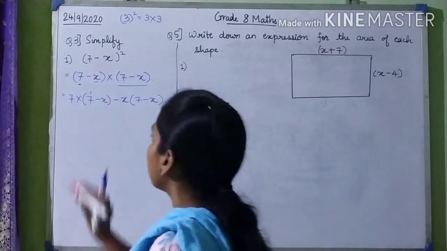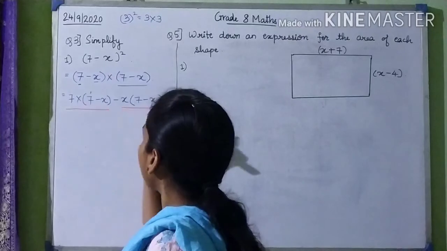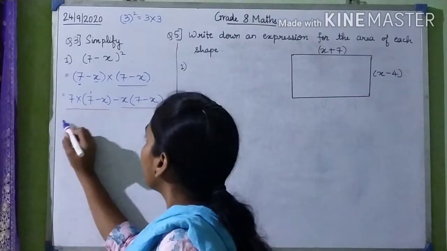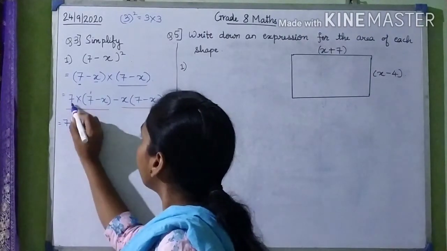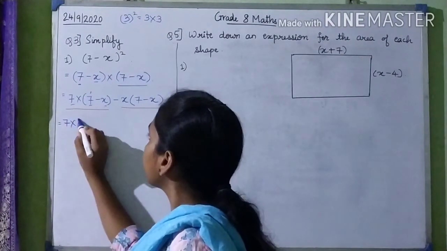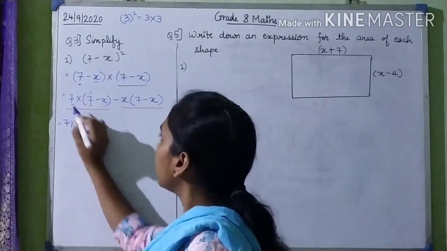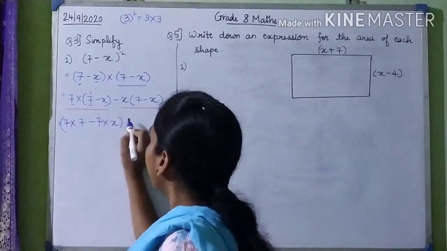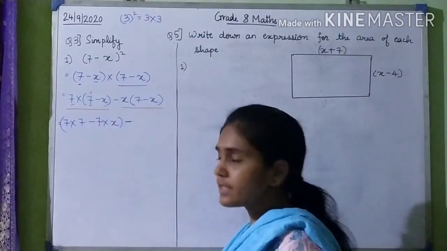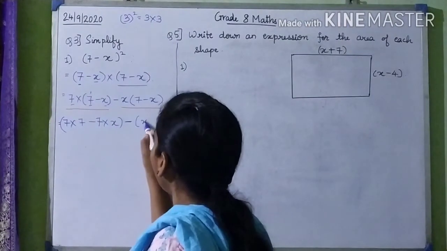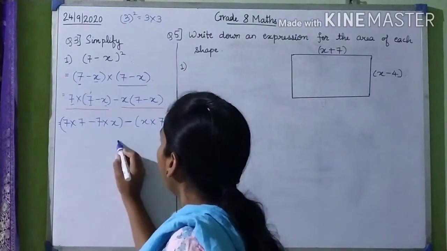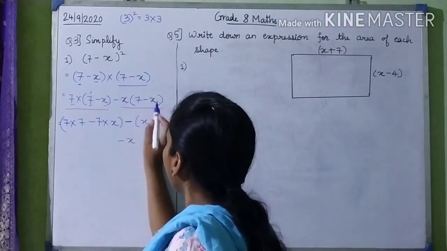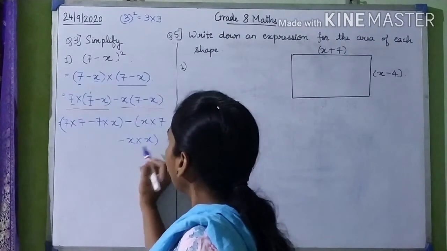Okay. Now this is the first part and this is the second part. So the first part, 7 will be multiplied to each term. 7 multiplied by 7 minus 7 multiplied by x. Okay. Then minus, I keep minus as it is. Then x I multiply to 7 first and then x to this x. This is minus x.